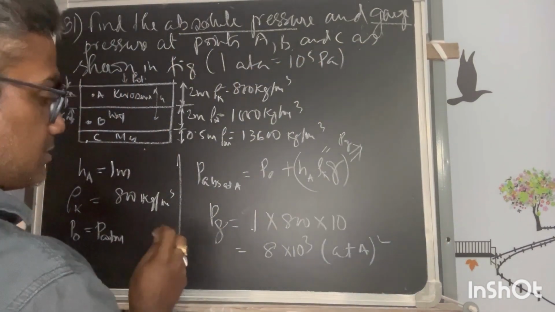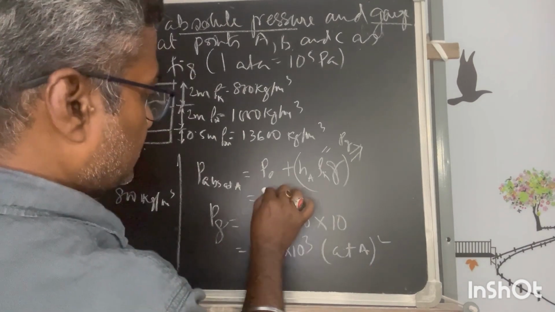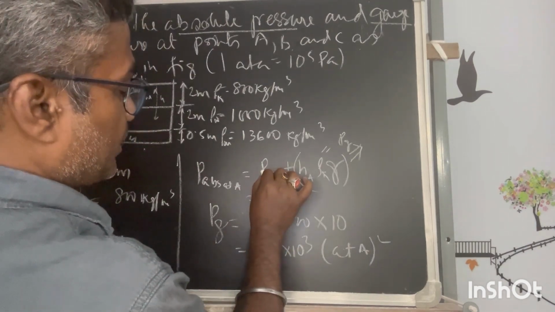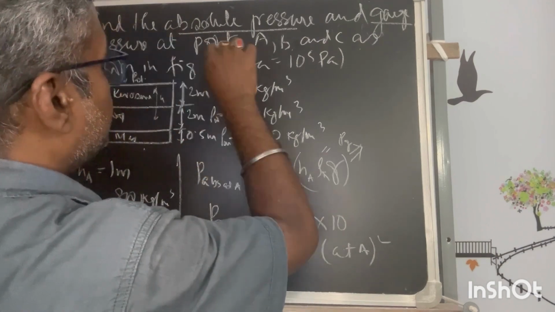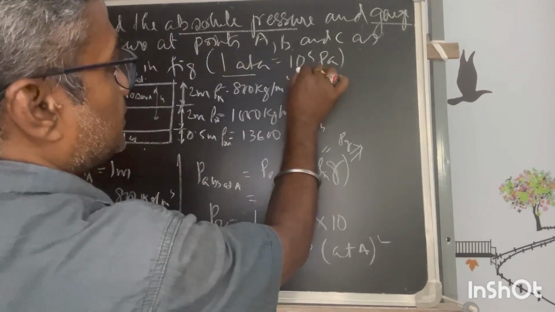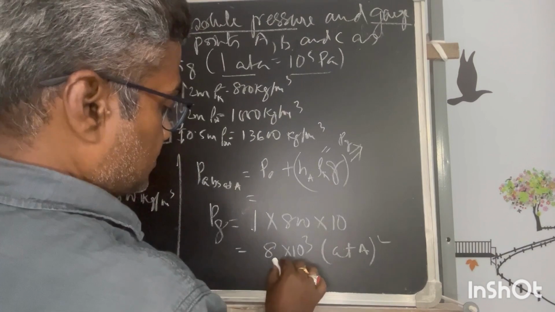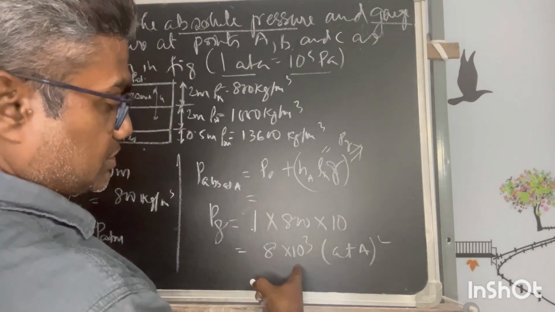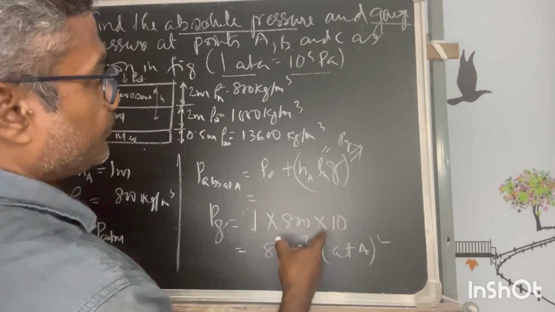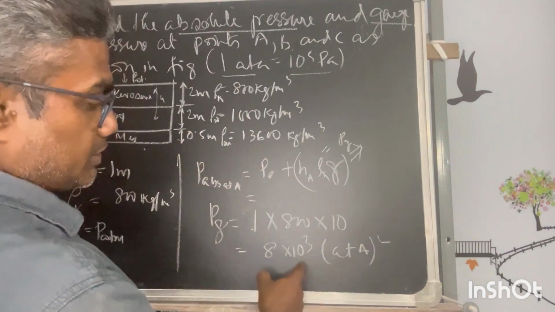Now next, this will be used here. What is the atmospheric pressure in SI unit? 1 atmosphere is 10 to the power 5 Pascal, and this is 8 into 10 to the power 3. This is also in Pascals, because this is in Newton per meter square.